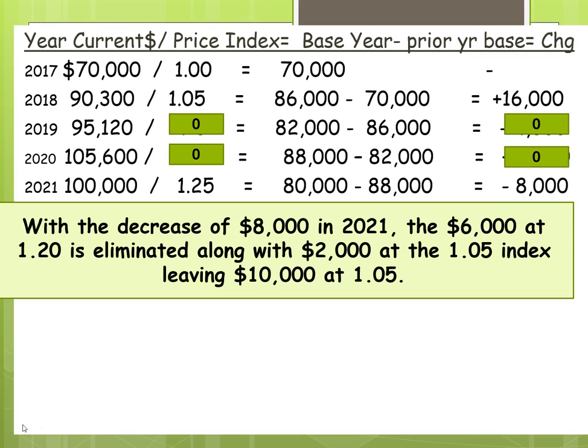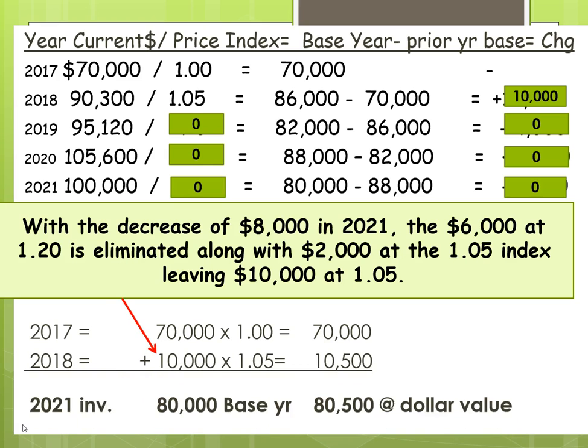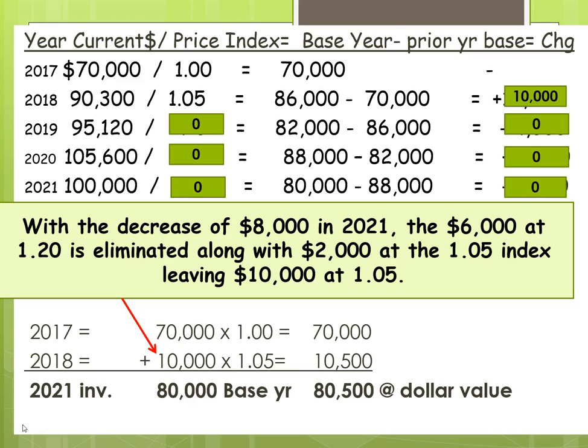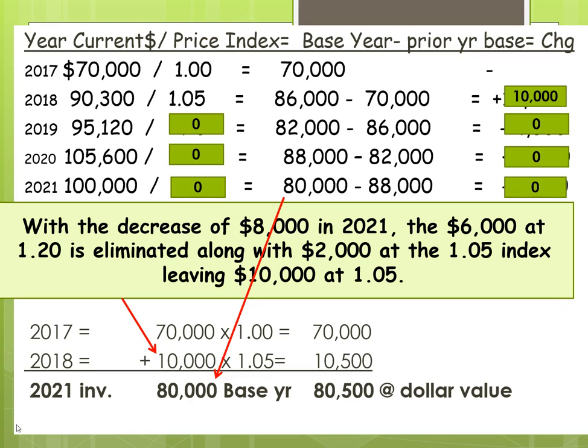That's gone away. So we're going to take 70,000 at 1, 10,000 at 1.05, and that's going to give us our inventory at dollar value LIFO in 2021. Now, well, let me go back and you take a look at that again.